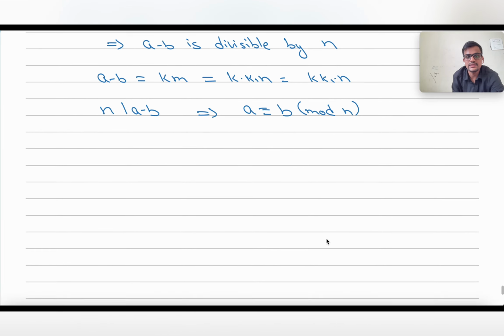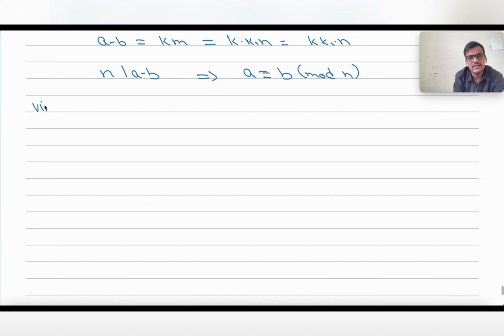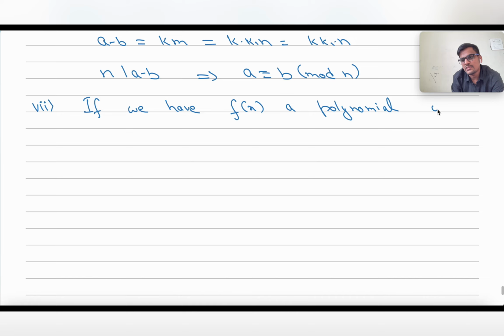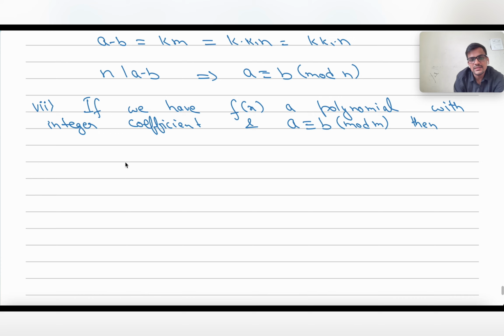Now let's move to the seventh property. This property is a generalization of the above properties. Suppose we have f of x, a polynomial with integer coefficients, and A is congruent to B modulo M. Then what will happen?